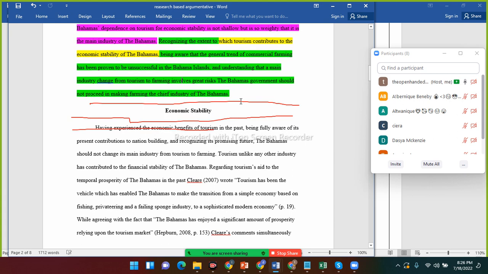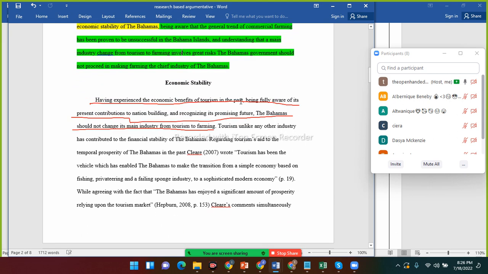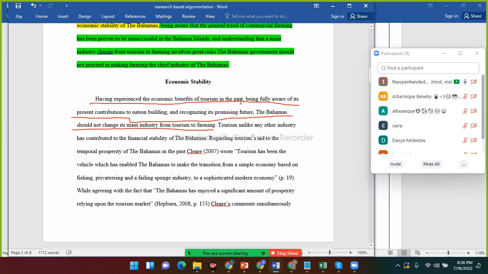And guess what I start off with for my first point in my body paragraph? Economic stability. So I didn't start off with commercial farming. I didn't start off with the risks and disadvantages. I start off with economic stability because that is what I said I was gonna start with. That's what I mentioned first.